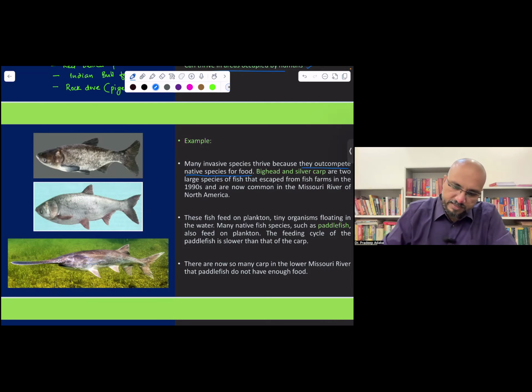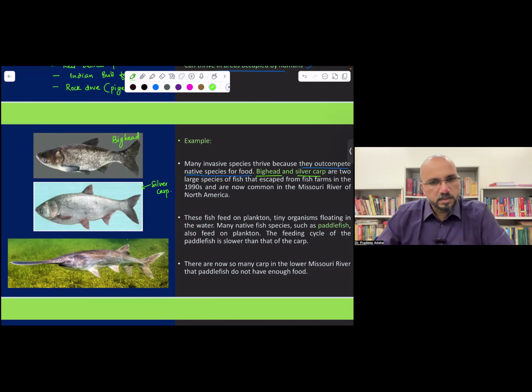So an example here is bighead and silver carp. So they escaped from the fish farms and entered the Missouri River.